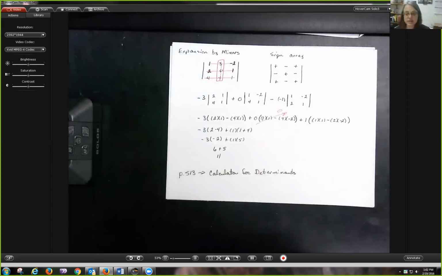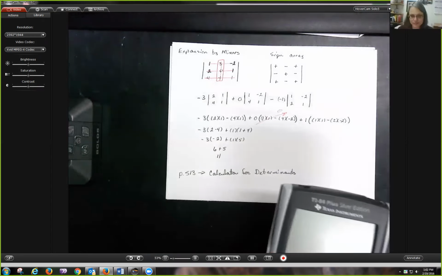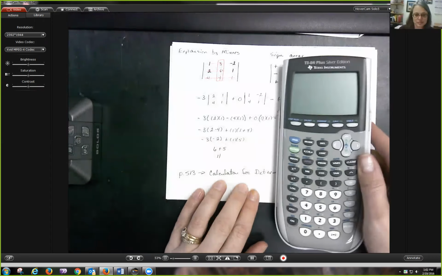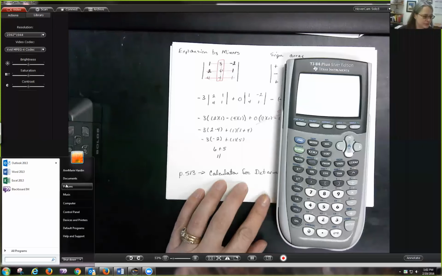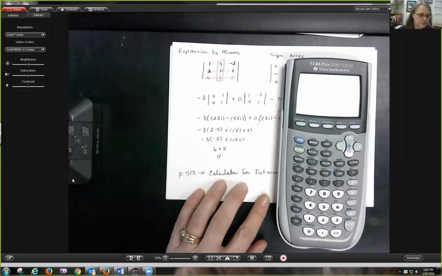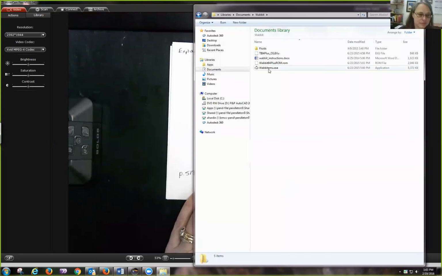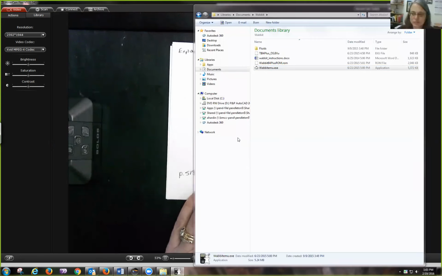Okay, I'm going to demonstrate this on a TI-84 because it's what I have. Actually, let me open up my digital version. I think that'll be better. Okay.